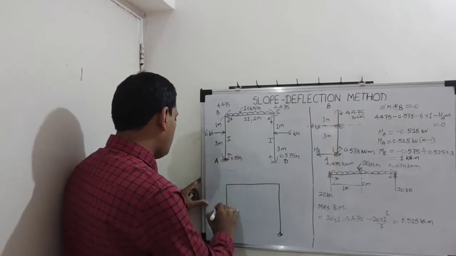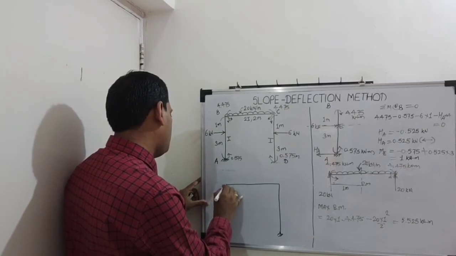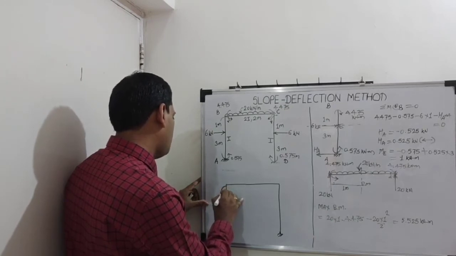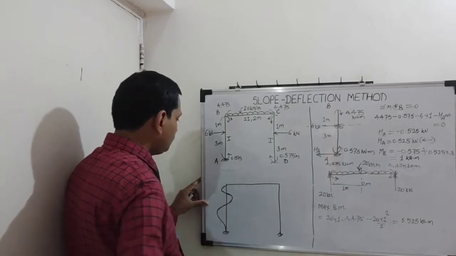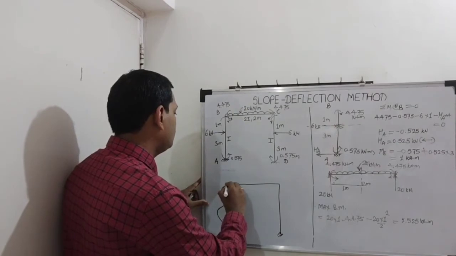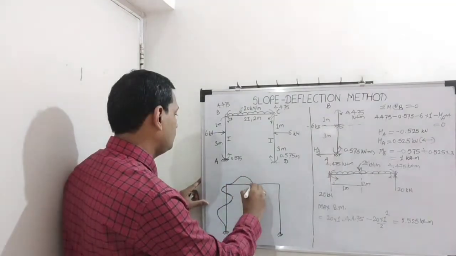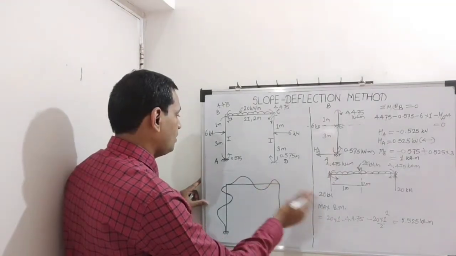Then here is point load. So on point load there will be deformation like this, and then here. Then beam. Something like this.